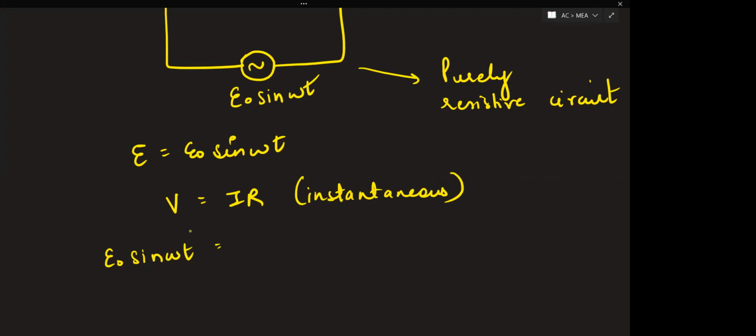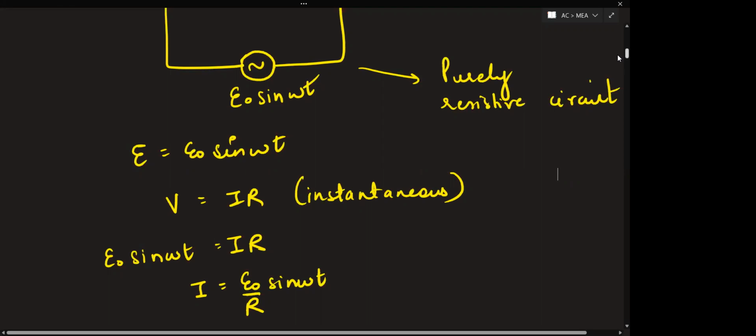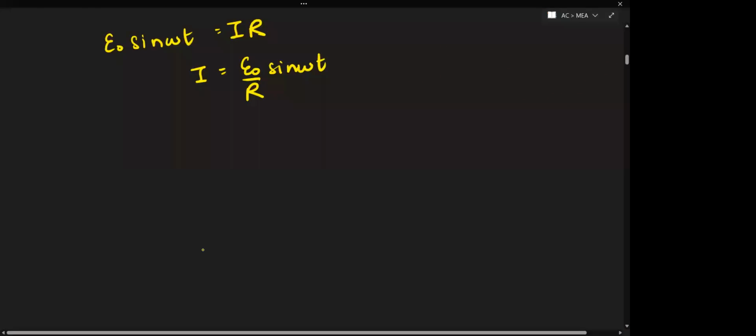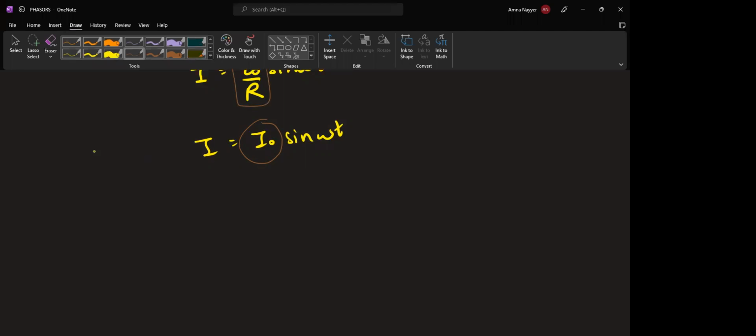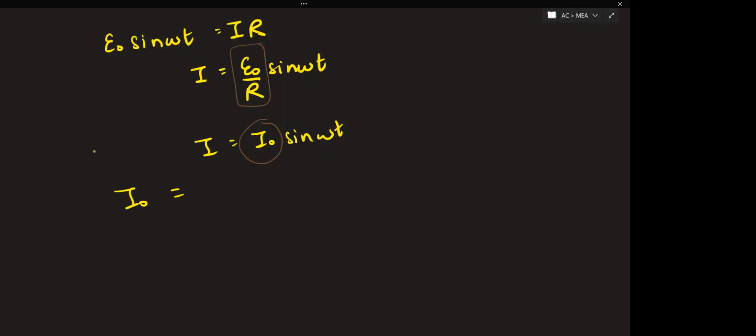Current, let's say current is I. The resistance is R. From here, current becomes E naught sine omega t divided by R. Class, remember, right now we have concluded this: I was equal to I naught sine omega t, where I naught is E naught by R. So the value of I naught for a purely resistive circuit is E naught divided by the resistance.